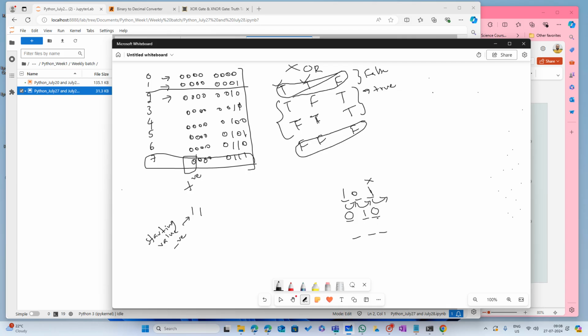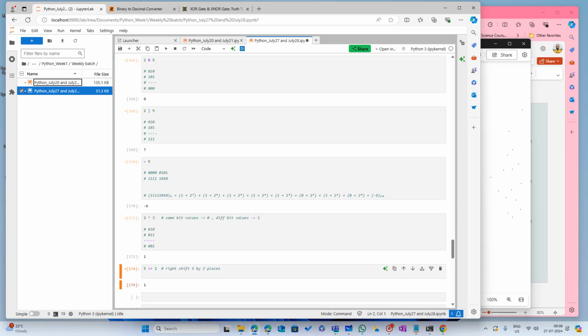Now again 0 is being moved to the right side, but there is nothing to move into, so it is deleted. This 1 is being moved to this place, hence you get 1 here. This 0 is being moved here, and because there is nothing, a 0 is added. So that's how you get 1. If you right shift 5 by 2 places, you get 1.